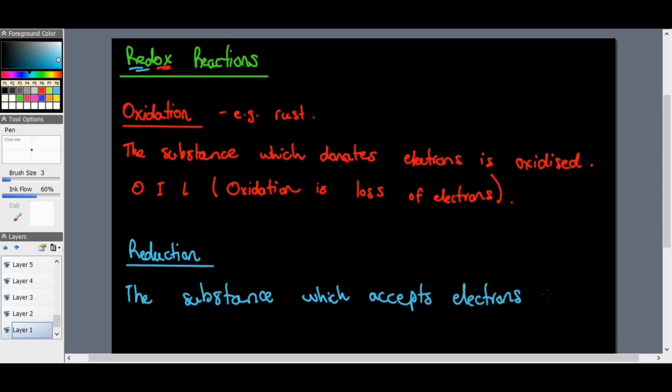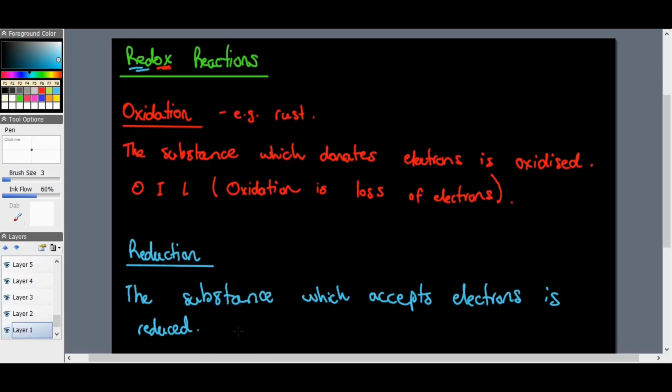That is called reduction, or the substance that accepts the electrons is the substance that is reduced. Like oxidation, whose original definition is the gaining of oxygen, reduction would be the loss of oxygen.